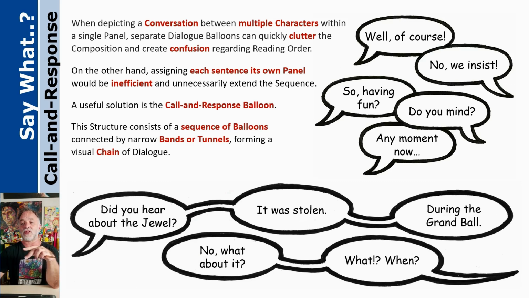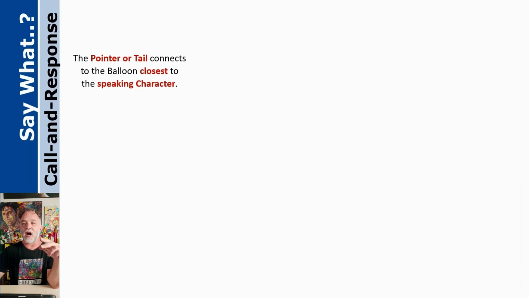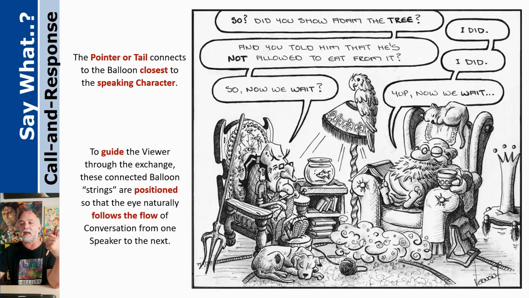This is a balloon structure that consists of a sequence of balloons connected by narrow bands or tunnels, forming a visual chain of dialogue. Of course, the same as any other balloon, the pointer or the tail aims loosely at the character who is speaking, and then to guide the viewer through the exchange, the balloons are positioned in such a way that the eye naturally follows the flow of the conversation.